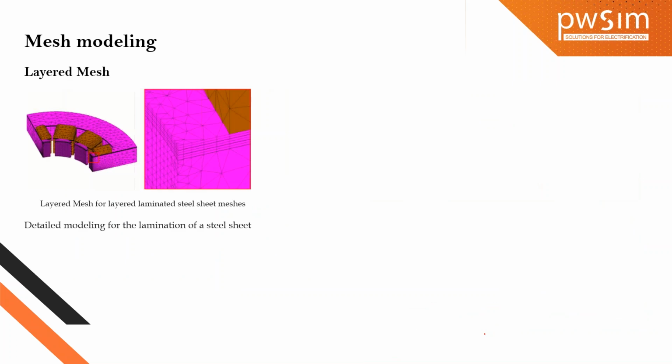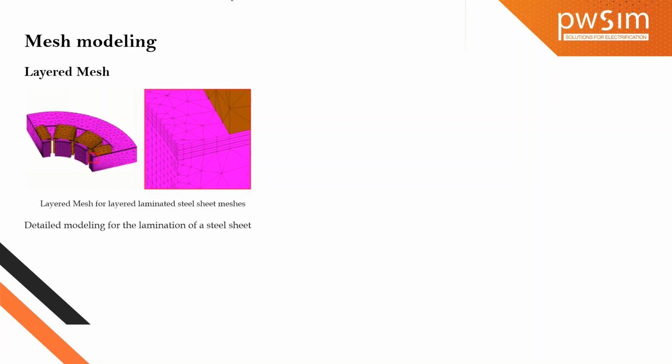So also, JMAG mesh modeling technique has another option called layered mesh. The detailed modeling for the lamination of the steel sheet has been shown in this example. So this is an example of the layered mesh for laminated steel sheets.